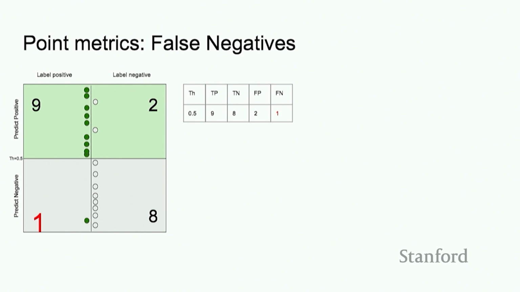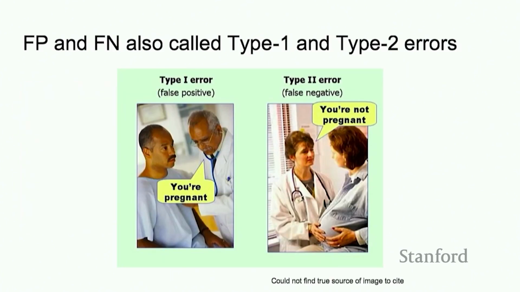So we have basically extracted 4 metrics out of this confusion matrix so far, and false positive and false negative also have some other terminology. For example, they're also called type 1 and type 2 errors. A type 1 error is a false positive: you don't have a certain condition, but you predict that you have that condition.